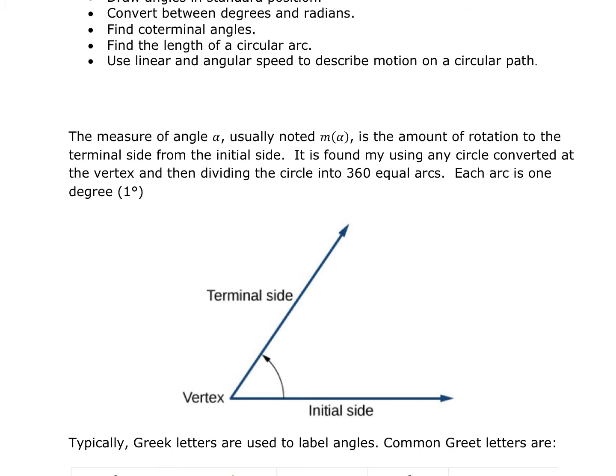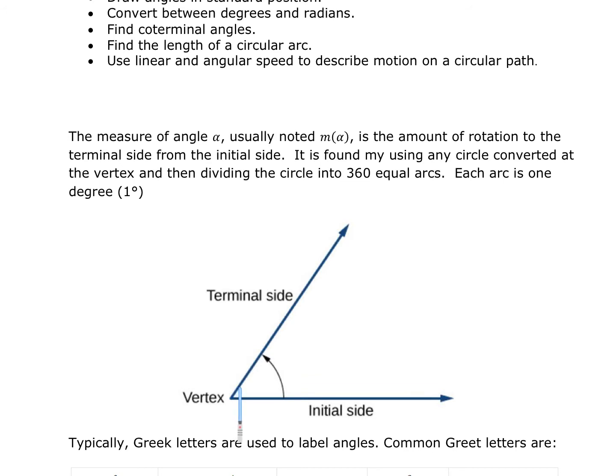It is the amount of rotation from the initial side, where we start, to the terminal side. We usually use rays, not a line segment or a line, where we have a beginning and then it goes on forever. And where two rays come together is what we call the vertex of the angle.